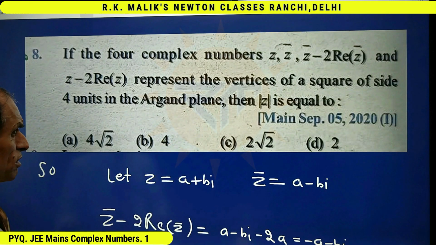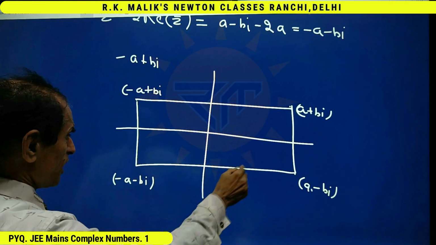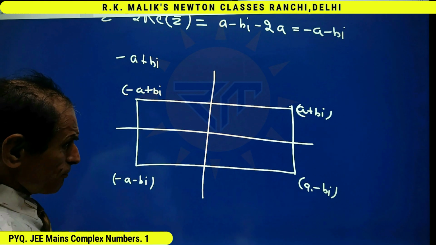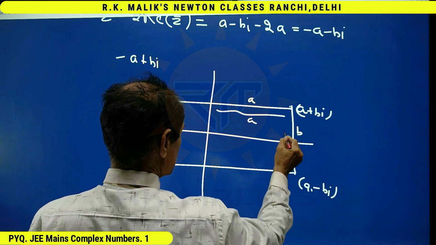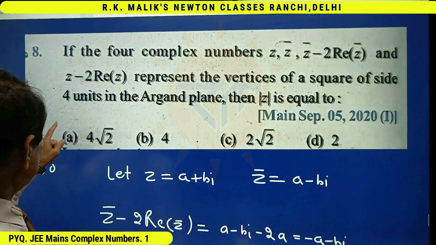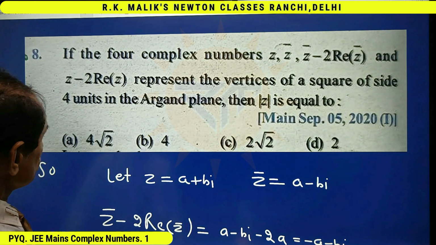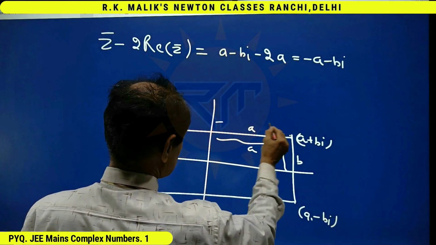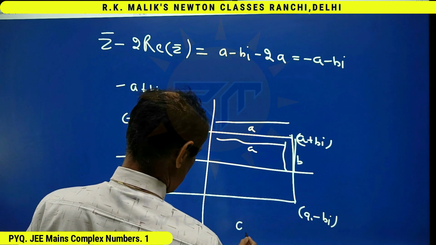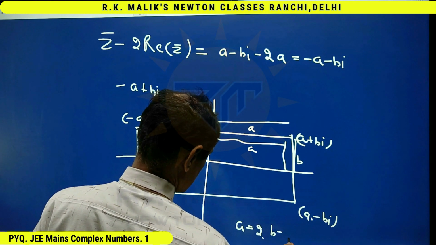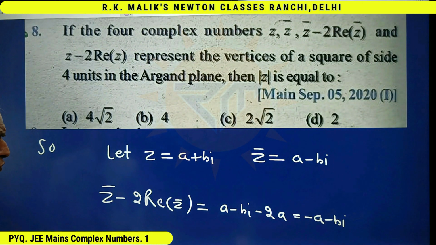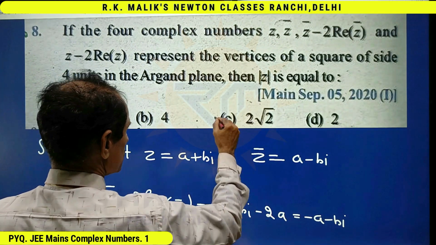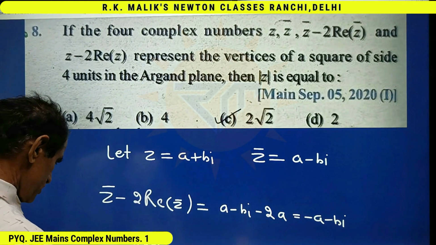And because it is given that the figure formed by the vertices is a square, it means this rectangle is a square. That is, I can say this is a and this is b. And because length of each side of the square is 4, hence I can say this is 2 and this is also 2. A is 2 and b is 2. Hence mod z will become 2 root 2. That is, C becomes the correct choice.